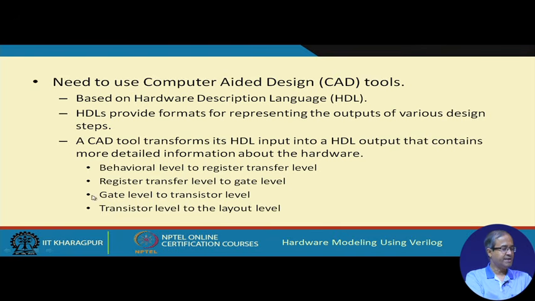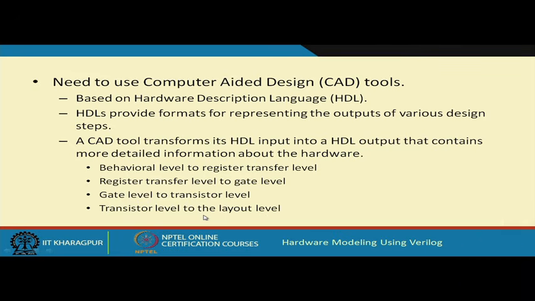Then the gate level you convert to transistor levels, then each transistor you convert to the final layout level. So, once you have done this, your design is ready for fabrication. Once you have carried out sufficient analysis and simulation to find out that your design is meeting your requirements in terms of power consumption and delay, you can send it for fabrication.